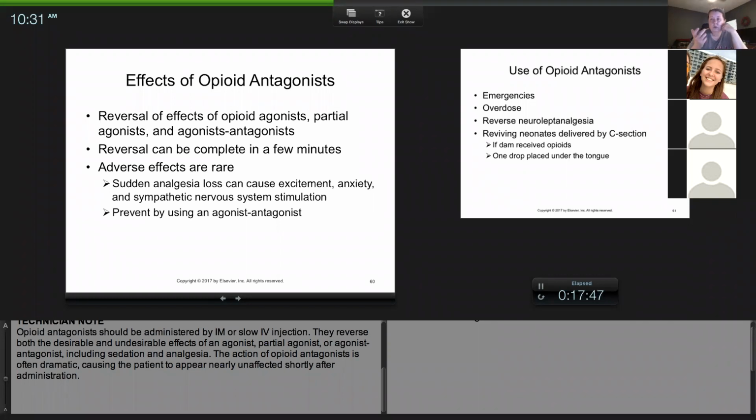And we would push it slowly to effect till the respiratory depression got better. The dog started breathing a little bit faster, a little bit deeper, then we'd stop giving the butorphanol. By using not a full antagonist, we didn't fully reverse the morphine. We just kind of helped the respiratory depression. So you can use an agonist-antagonist technique if you don't want to do the full reversal.